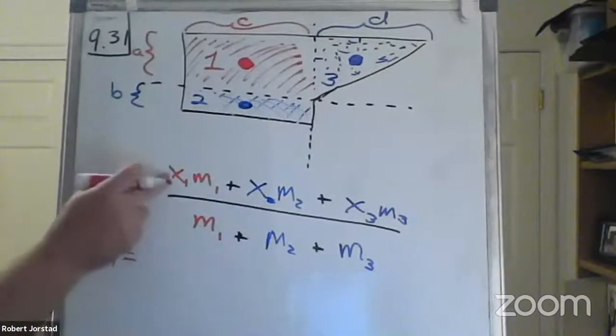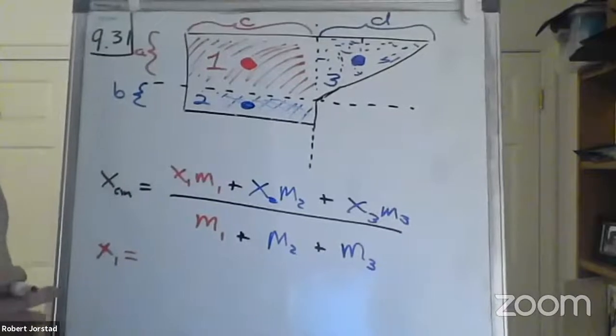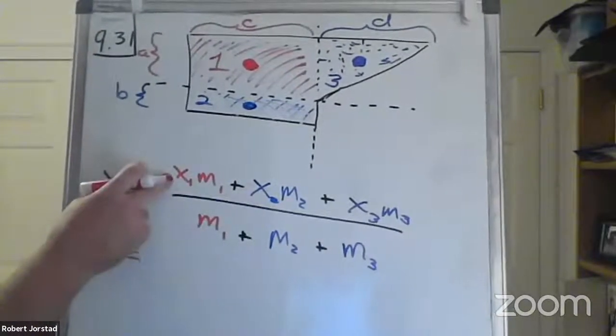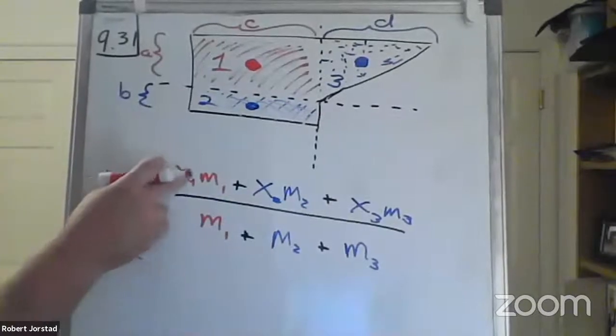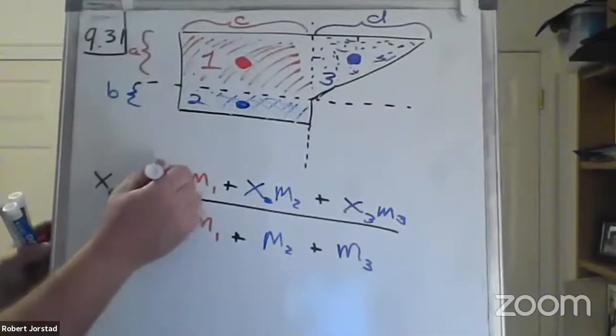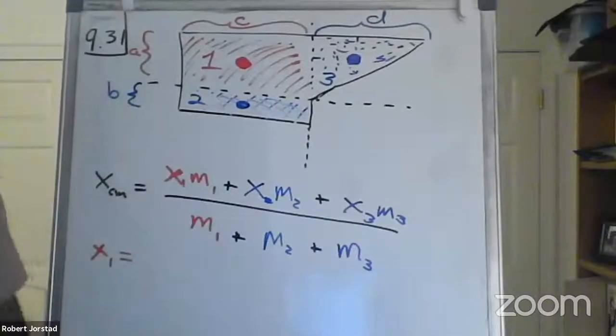What would I have to plug in for X1? What does X1 mean here? It means the X position, center of mass of object 1. What is that going to be?